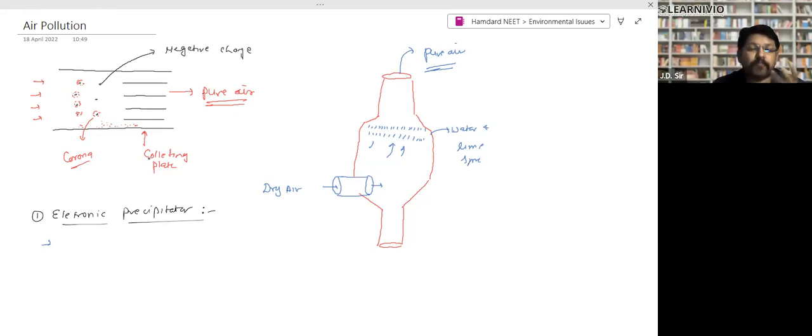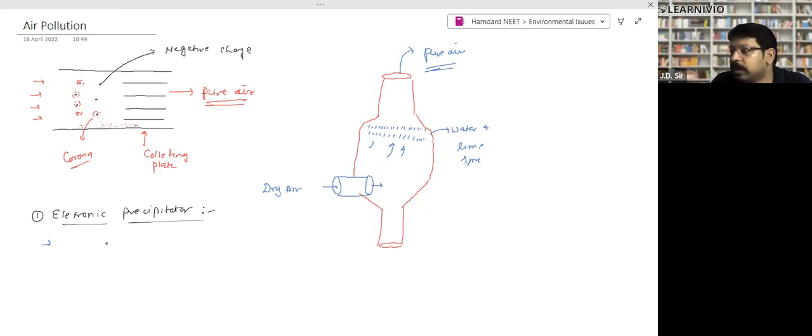So what do we call those dust particles or heavy particles? There are some cities or places where air pollution is there, but not because of gases, carbon dioxide or smoke. Air pollution is there because of dust. There are a number of cities where construction is going on, right?